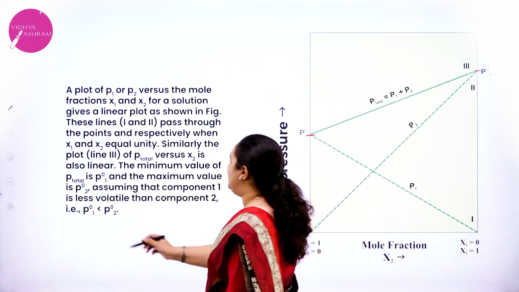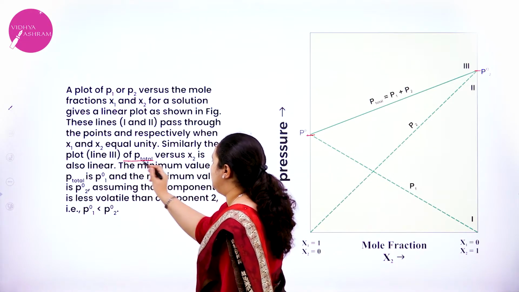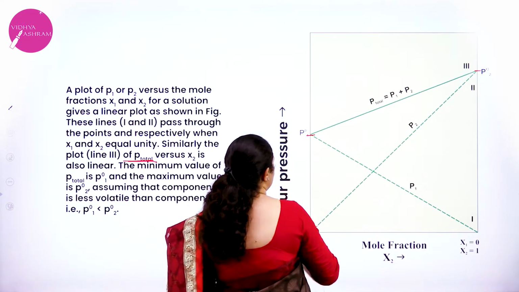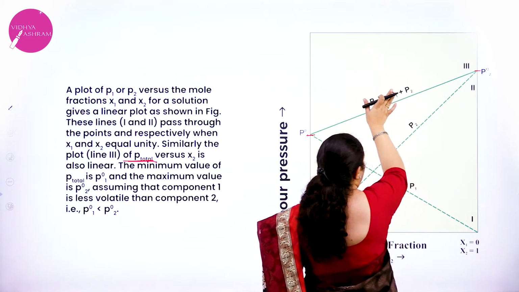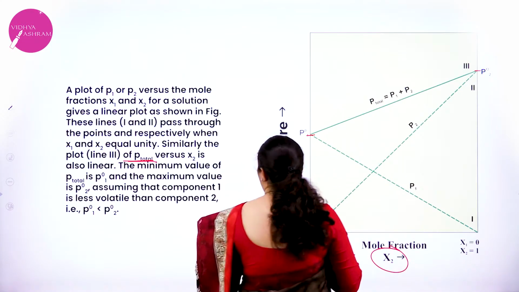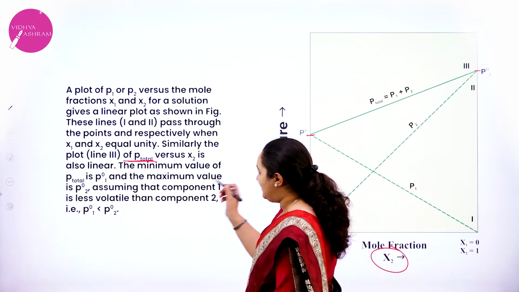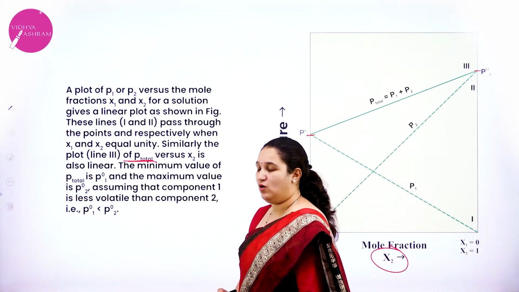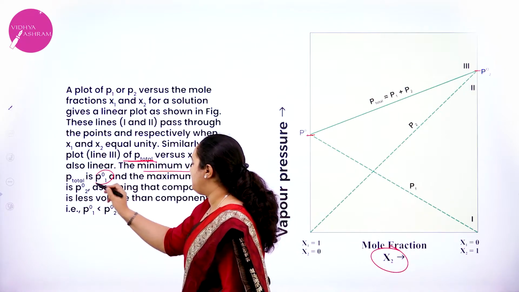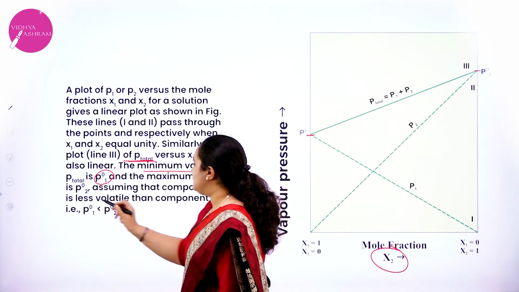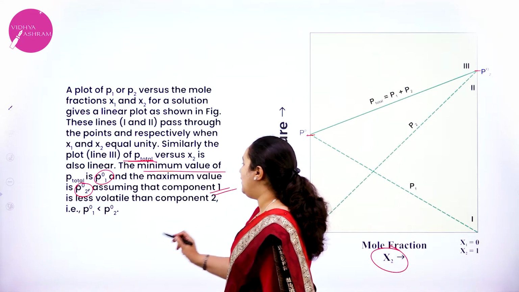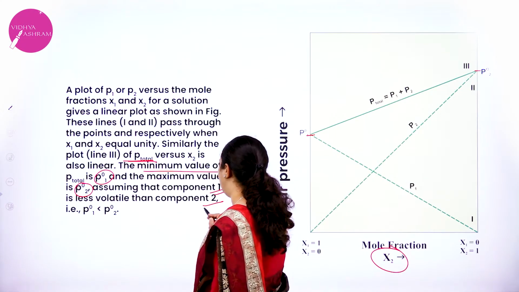Similarly, line 3 is of P total versus x2. In this, what do you get? That is also linear. You can observe that the minimum value of P total is P1 naught and the maximum value is P2 naught, assuming that component 1 is less volatile than component 2.